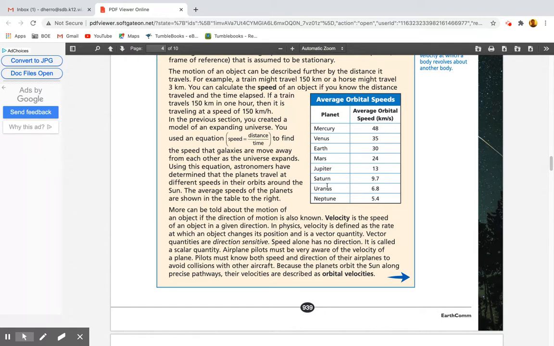So you can locate the planet and then move to the right, and it's all organized. You just locate the row that your planet is in, and then you go to the second column and you can locate the average orbital speed of that planet. Okay, so that's how you use this table.